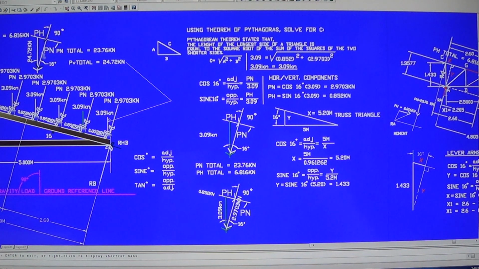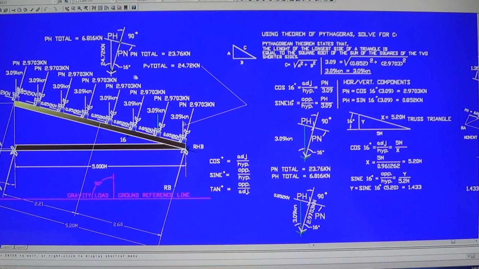So we have those loads now. This horizontal and vertical component, using the magnitude of this load, should be applied at the midspan, at the midpoint of the rafter.